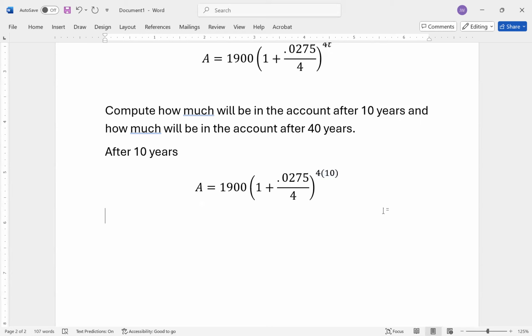Remember that if you are doing this on your calculator, be careful that your calculator multiplies the 4 times the 10 before you take the exponent. In my case, I got $2,499.06, rounding to 2 decimal places.